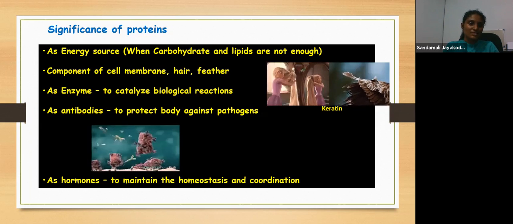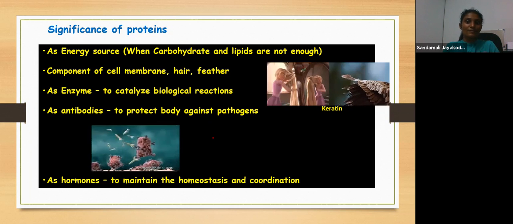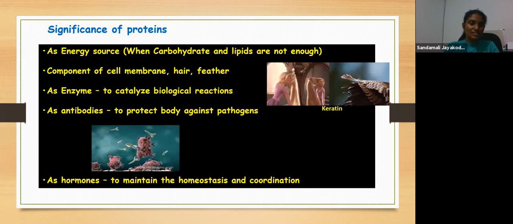And there's a special thing, antibodies. Antibodies are a special type of protein produced in our body when a pathogen attacks. That means maybe a particular virus or a particular bacteria is entering our body. At that time, our body produces a special type of protein.